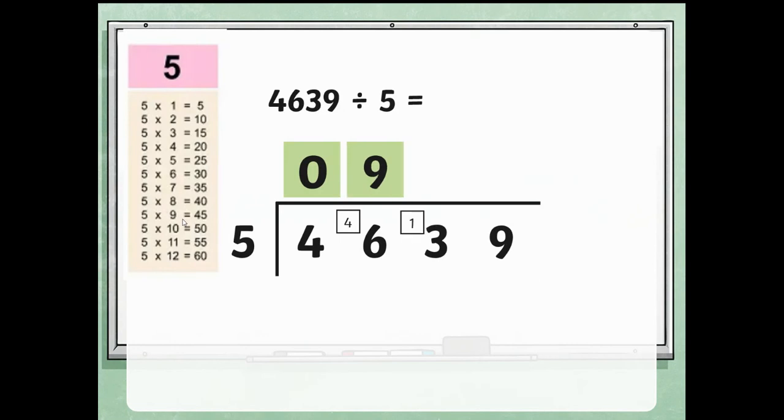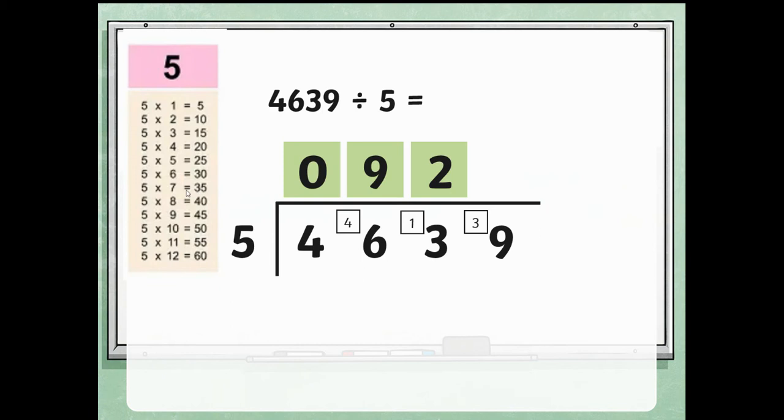How many groups of 5 can I make out of 13? Have a look down the list. Well, I could make 2 groups of 5, couldn't I? Because 2 times 5 is 10, and then I would have 3 remaining. How many groups of 5 can you make out of 39? Go down the list.